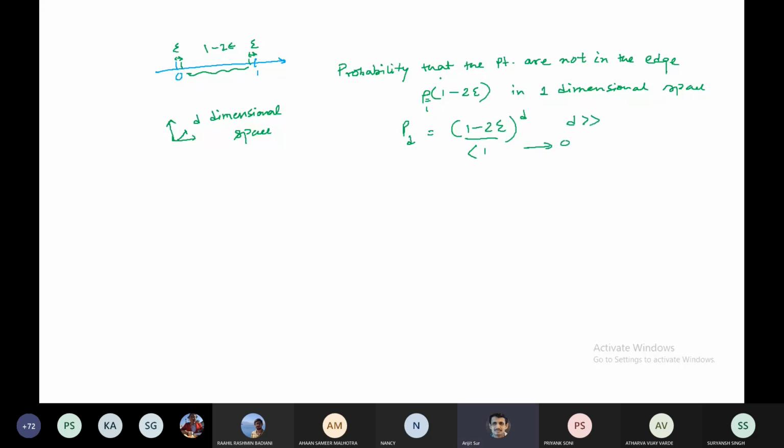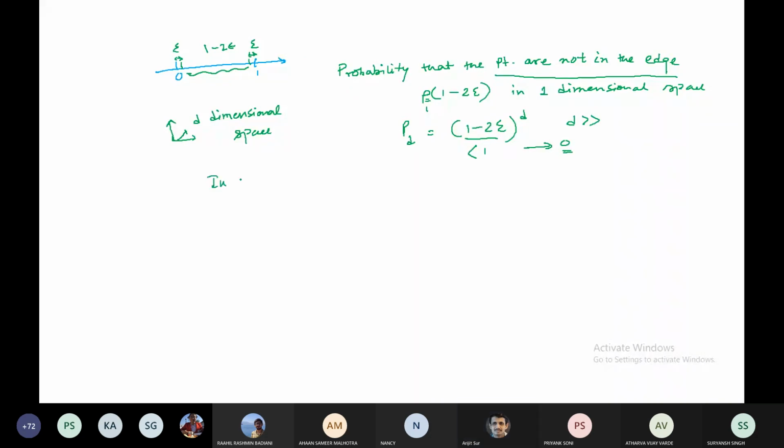So now what is the probability that the points are not in the edge? Not in the edge means in between. So then the probability becomes very, very small. So what conclusion can we draw?